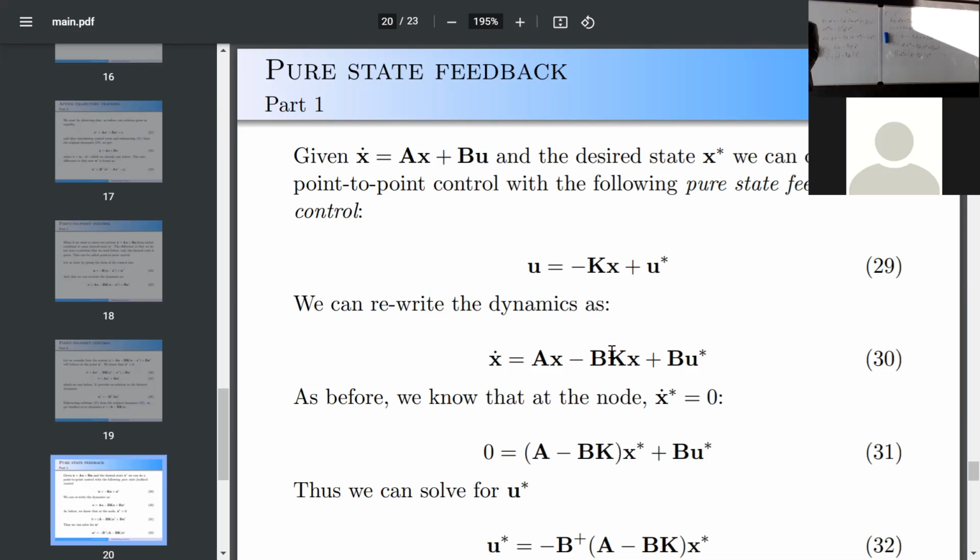You see what I did, right? And I can now solve for u star. u star in this case is equal to the pseudo-inverse of minus b times a minus bk x star. Looks good?